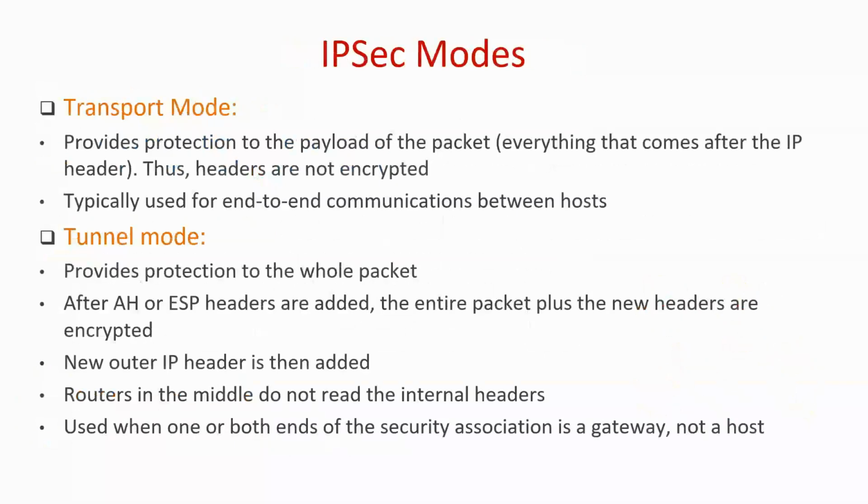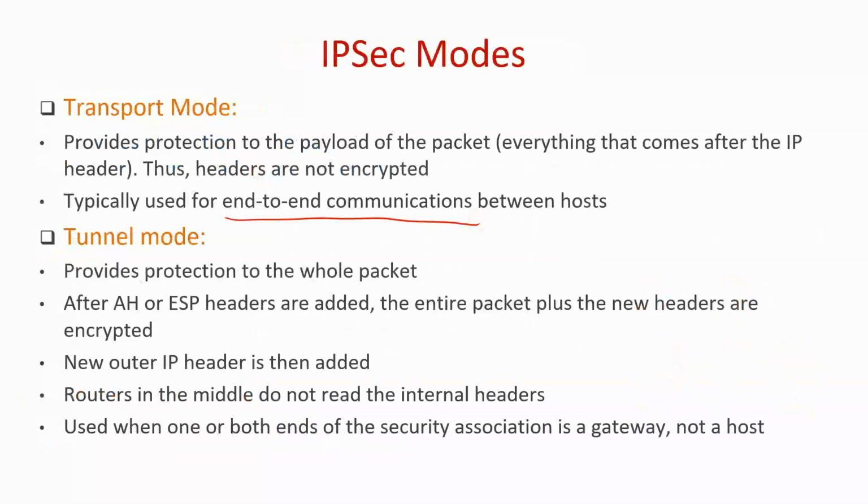Okay, how does IP security now support its services between two devices? There are mainly two modes. They are called the transport mode and the tunnel mode. The transport mode is the main one that is used in end-to-end communication. Typically, the transport mode will provide protection only to the payload.